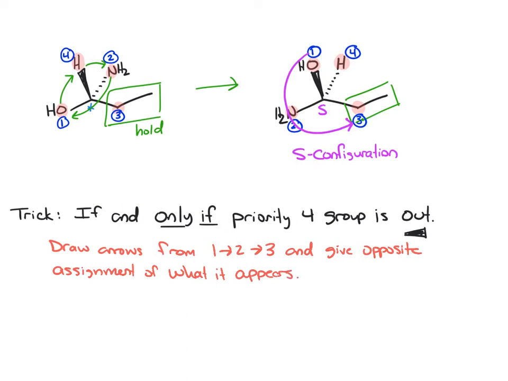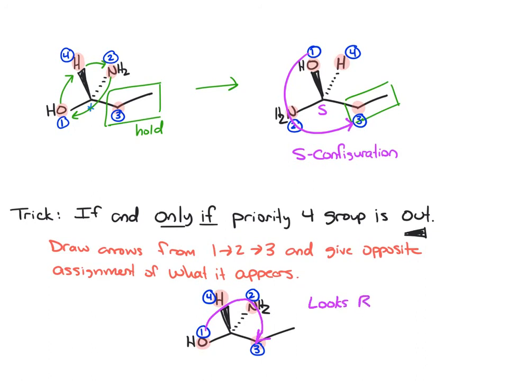So if we look at our original molecule again, we have it with this hydrogen, priority 4, pointed out. So then, let's draw our arrow from 1 to 2 to 3. And this is going around to the right.